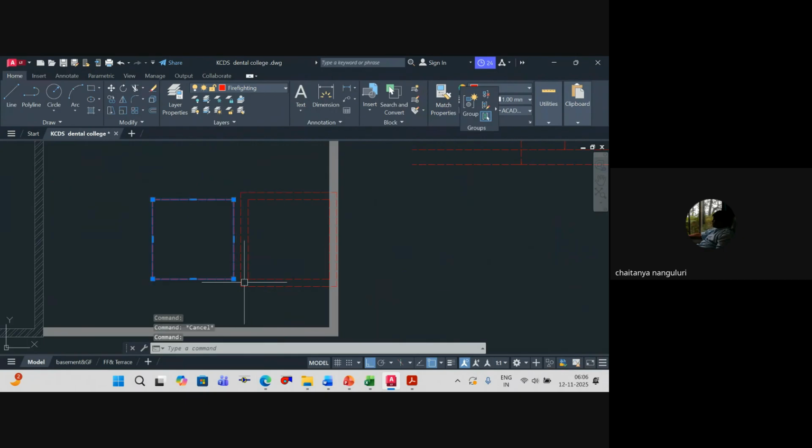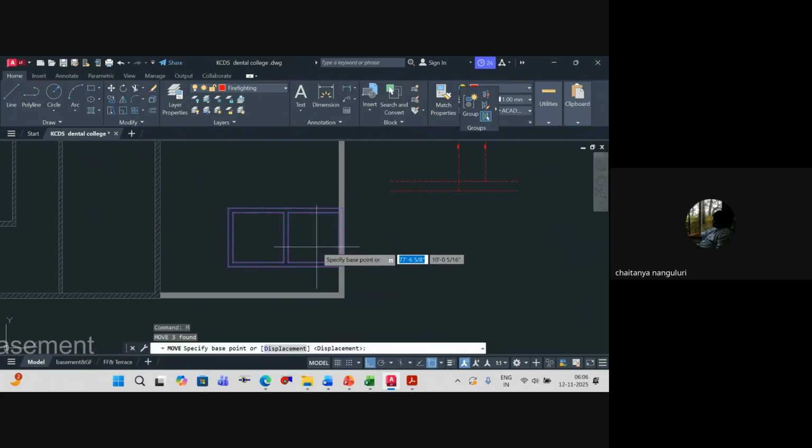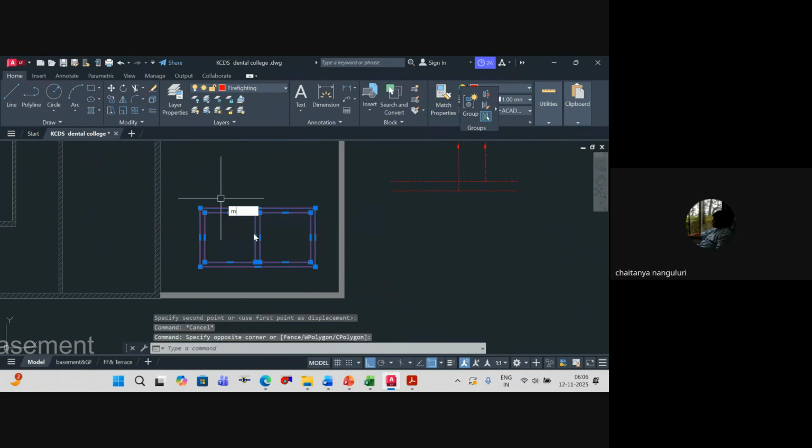Am I clear? Just a sec. Offset 1 foot. Take it across. So this particular one, I'll bring it. So this becomes our tank. Understood or not?